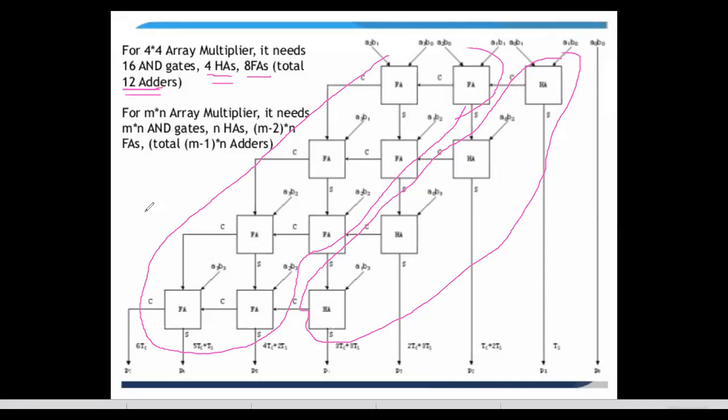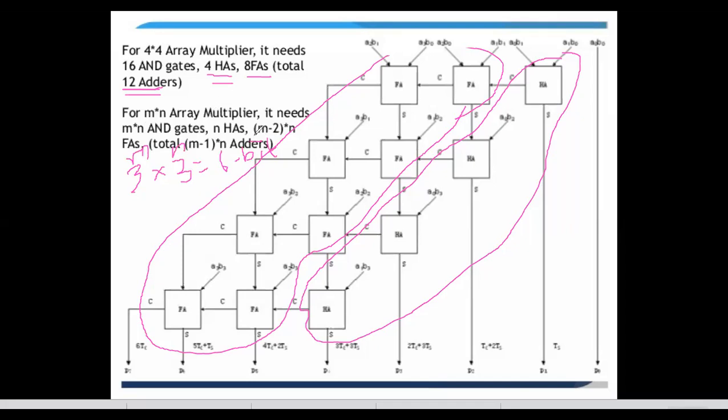For example, if you take 3 into 3, that is 3 bits into 3 bits, the product is a 6-bit product. Number of adders: say m and n.